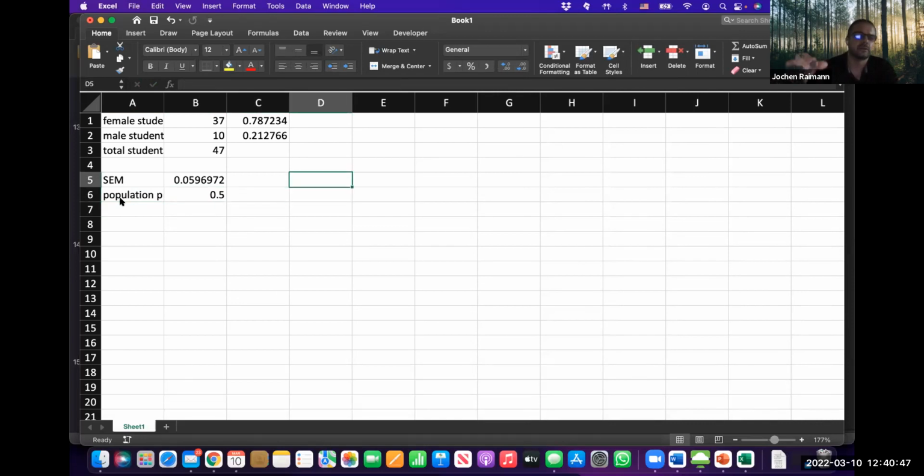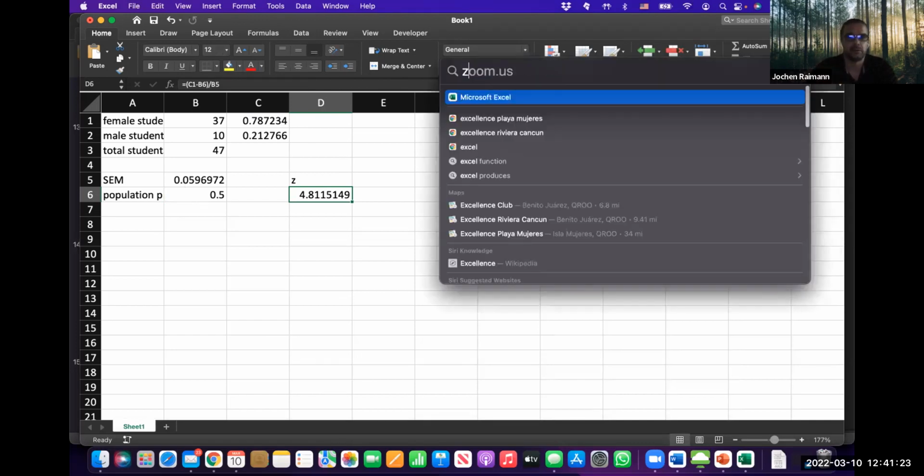We're calculating now the z. The z equals this minus this, in parentheses, divided by the standard error of the mean. This gives us a z of 4.81. And I don't even need to look anymore at this point because a z score of 4.8 is significant by all means, right? Do we agree on that?